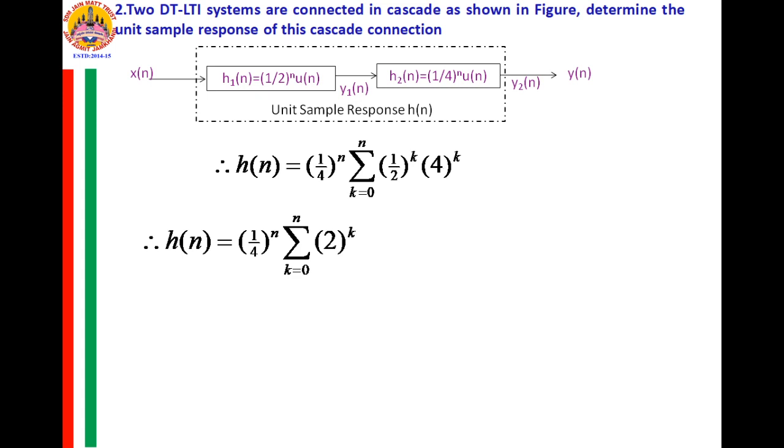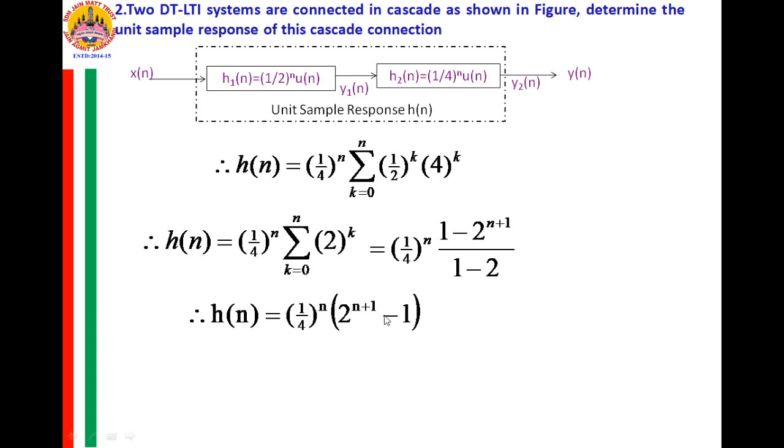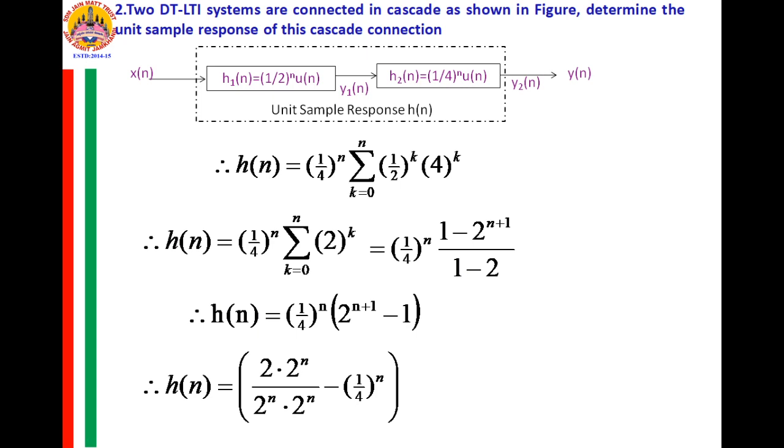The closed form of the summation of 2^k is (1 minus 2^(n plus 1)) upon (1 minus 2), which I rewrite as minus 1 in the denominator, so the numerator becomes 2^(n plus 1) minus 1. So the overall h(n) is (1/4)^n (2^(n plus 1) minus 1). This is for n greater than or equal to 0.